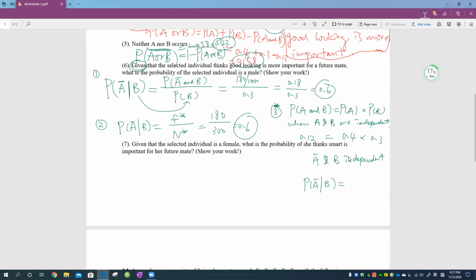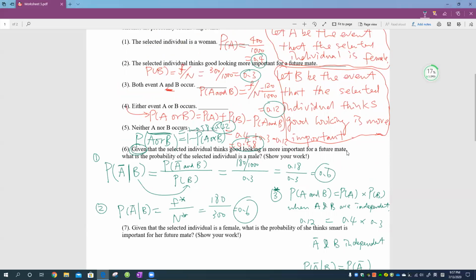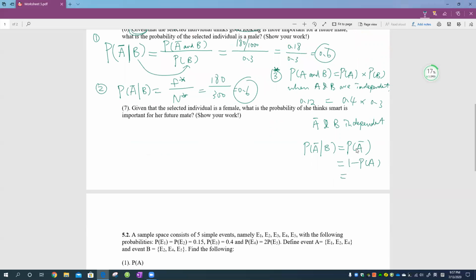So that is the same as the probability of A bar. That's 1 minus probability of A using the complementation rule. And then that is 1 minus 0.4, which is 0.6.